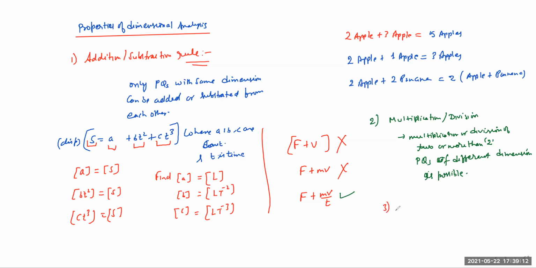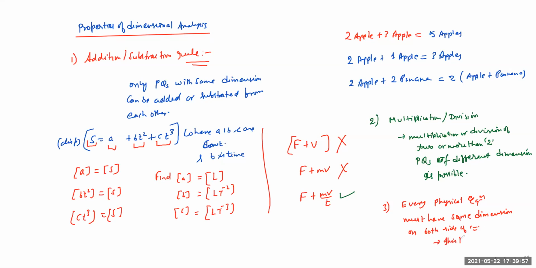And the third rule: every physical equation must have same dimension on both sides of the equal sign.